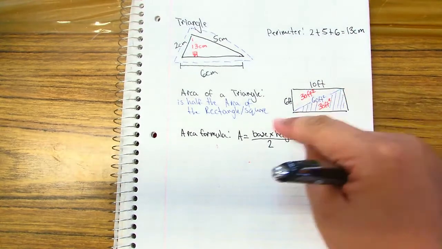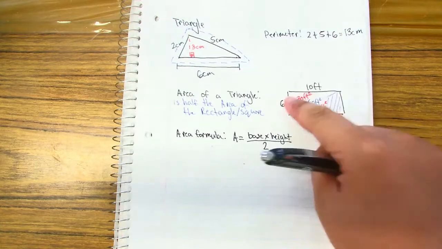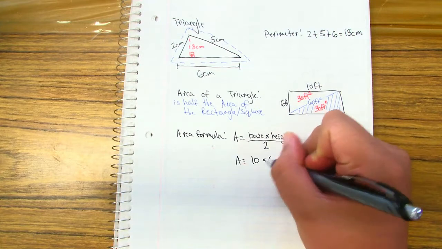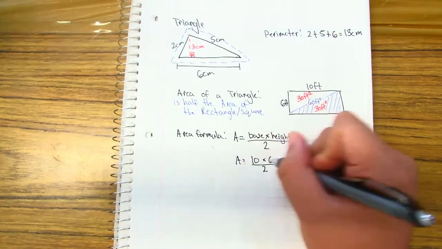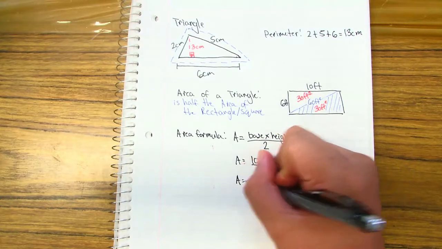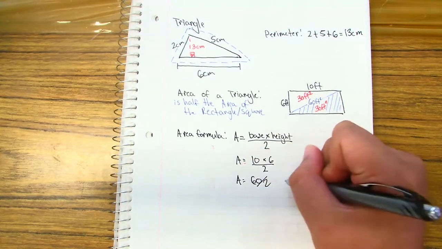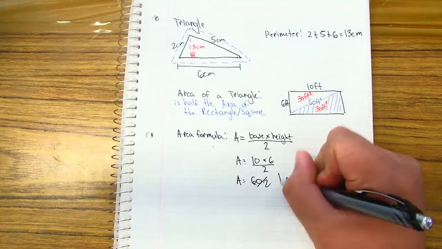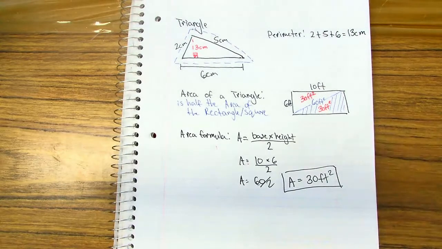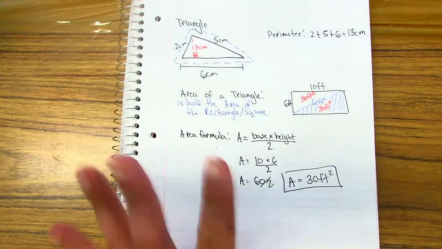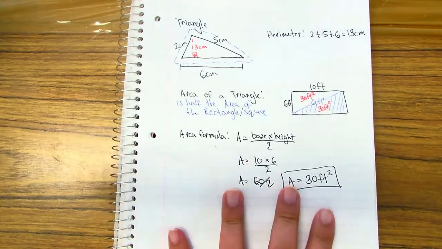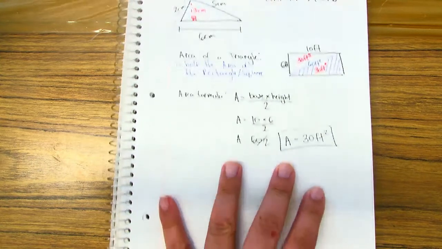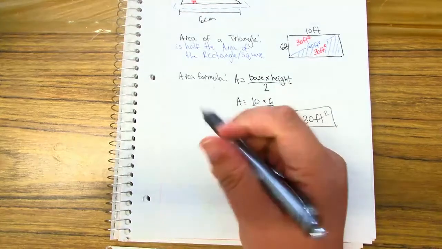We found the area, which is base times height, 10 times 6, over 2. 10 times 6 equals 60, divided by 2, and our area will still equal 30 feet squared. Well, that makes sense, right? I gave you a diagram explanation, and I also gave you the formula explanation. So let's see if we can do that in this next question.